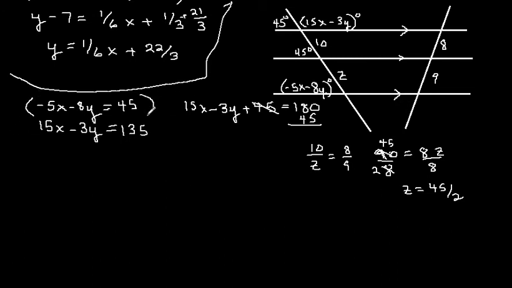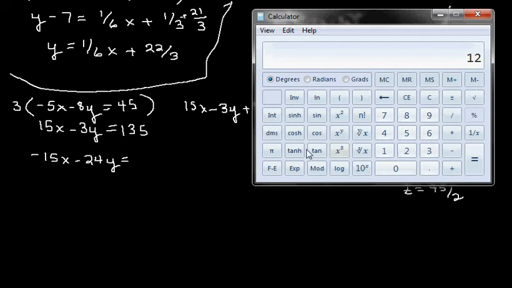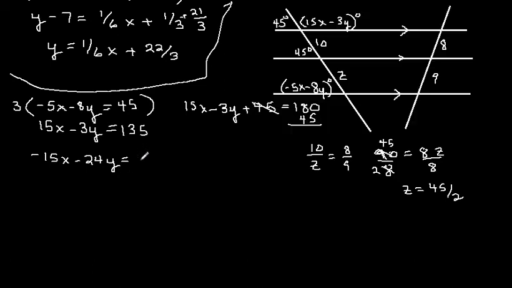So I'm going to take this one times 3, that way these are going to add out. So I'm going to get negative 15x minus 24y equals 45 times 3, 135. Whoa, that's scary.